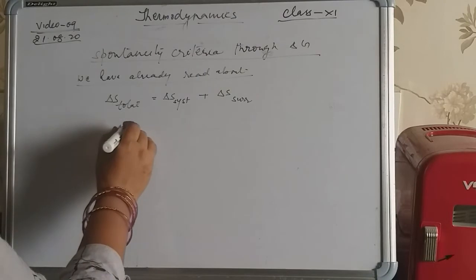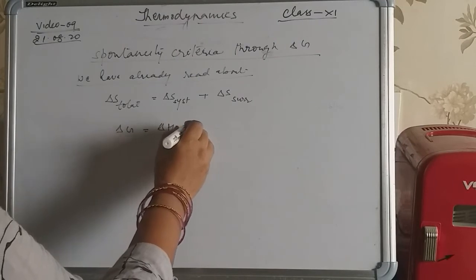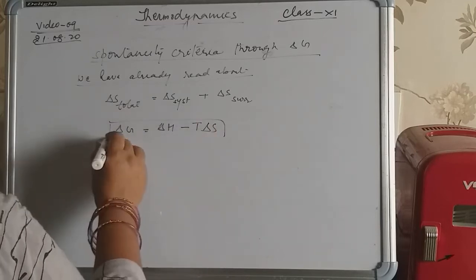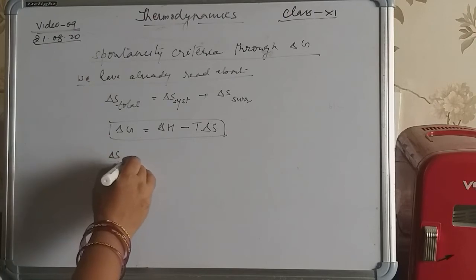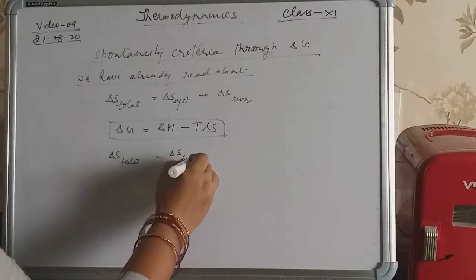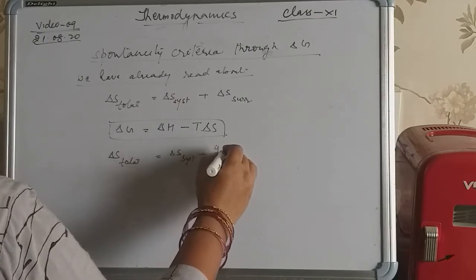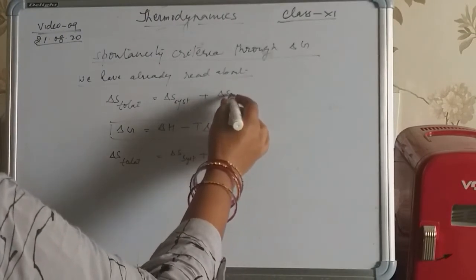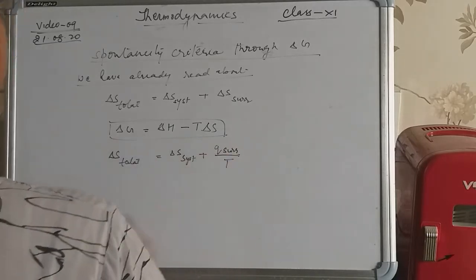We have also discussed that change in Gibbs energy equals change in enthalpy minus T change in entropy. So what happens? Total entropy change equals change in entropy of system plus, instead of surrounding, we can use Q surrounding by temperature. We know that change in entropy of surrounding equals heat content of surrounding by temperature.